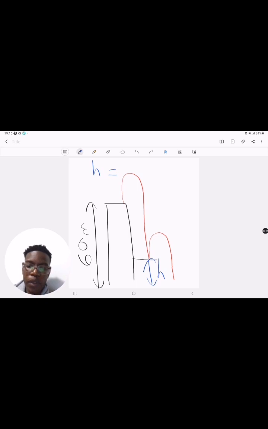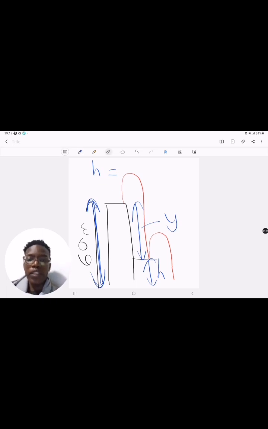The height of the building is 60 meters. Now I've got h, which is the height of the balcony above the ground, which is what we're looking for. The height that we don't know is that portion there. So I'm going to call this y.